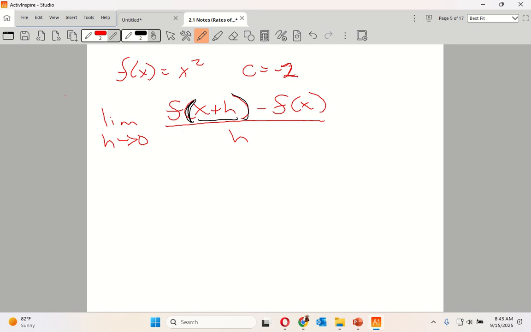So everywhere you see an x value, you're plugging in x plus h. So right here, this is going to give me the quantity x plus h squared minus, what is my f of x? x squared, all over h.